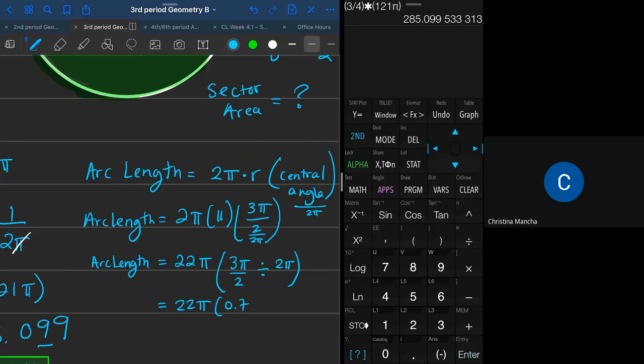You have 22 pi times 0.75. And so then you'll take 22 pi and multiply it by 0.75.